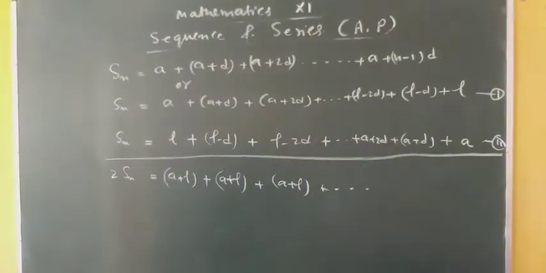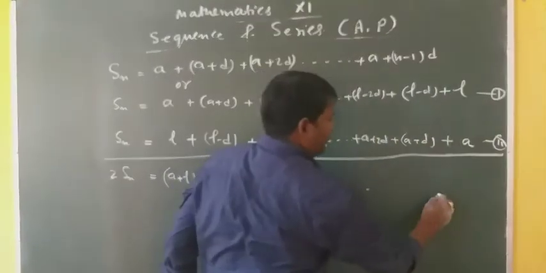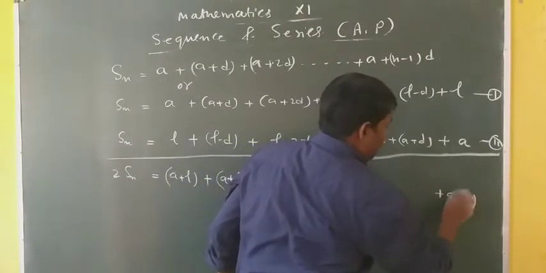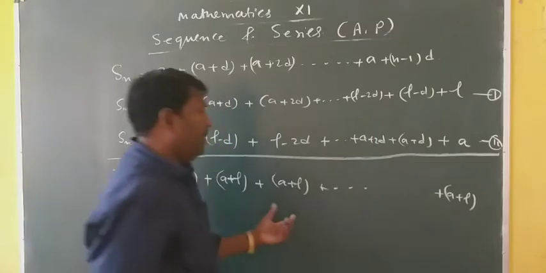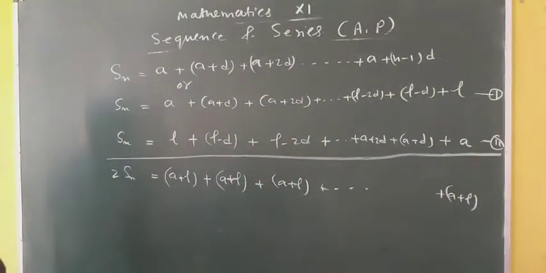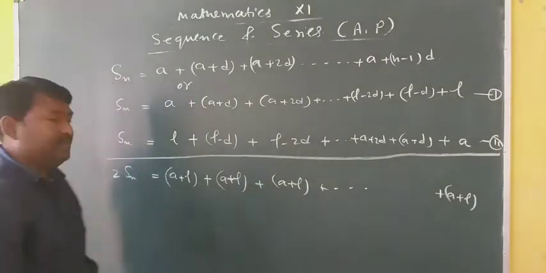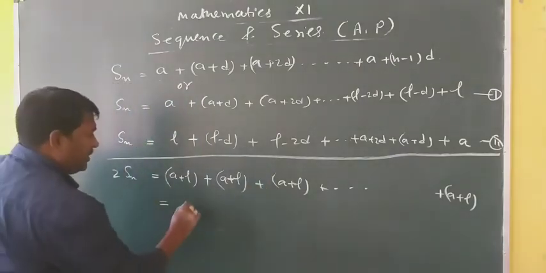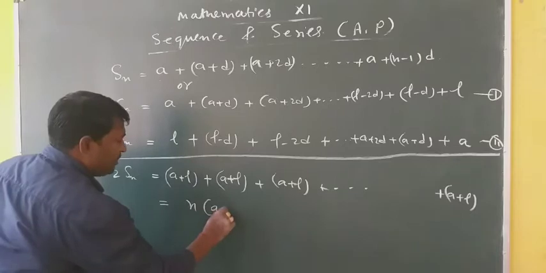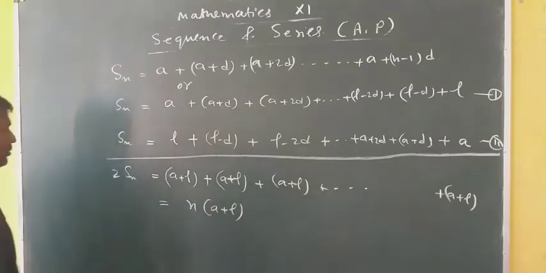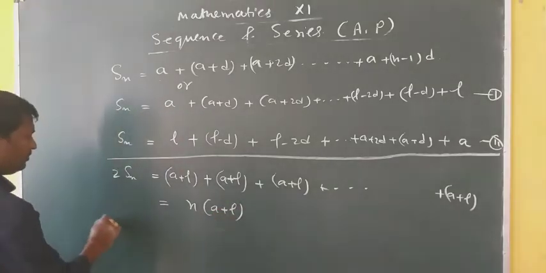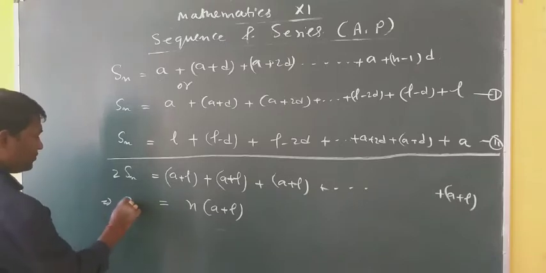Here in last, a plus L. Okay, how many terms are there? n terms are there, and in each term you are getting a plus L. So what you will get: n into (a plus L). Okay, and it implies this is 2Sn.